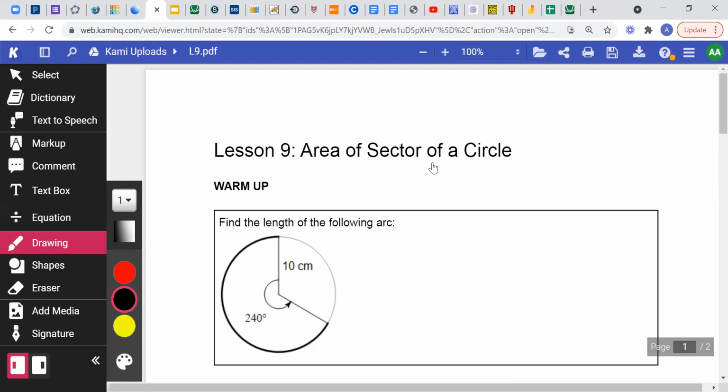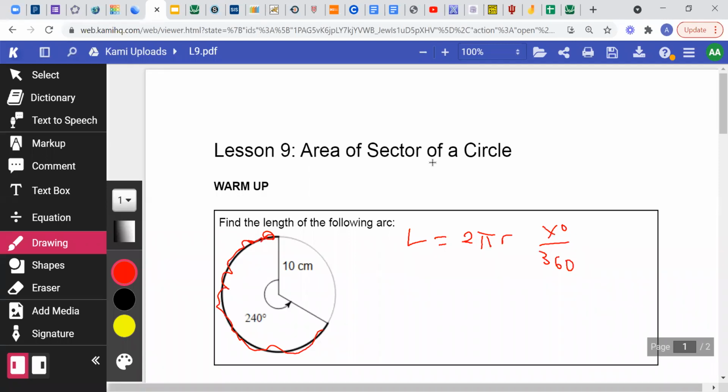Welcome, everyone. Okay, so as you can recall, last week, when we were trying to calculate the length of this particular arc here, which is the whole of this dark one, we used the formula that says L equals 2 pi r times x naught over 360.